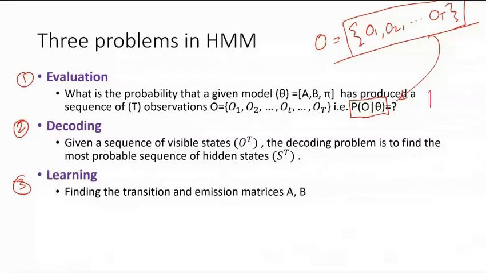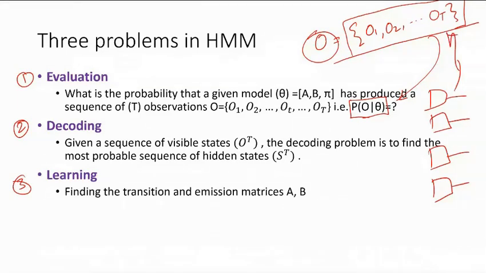Say you have many models for different purposes and you have seen this sequence O. Out of these, I want to know which one produced this sequence of symbols.